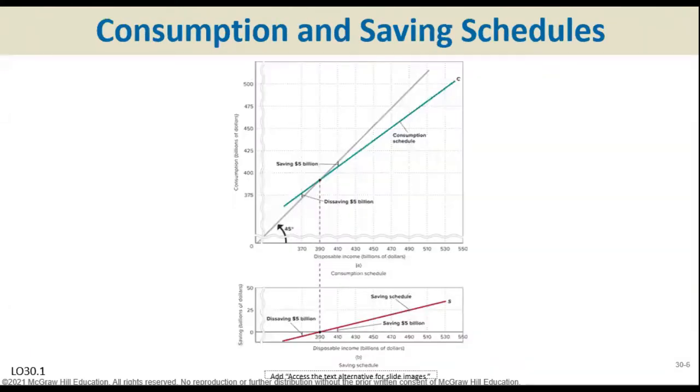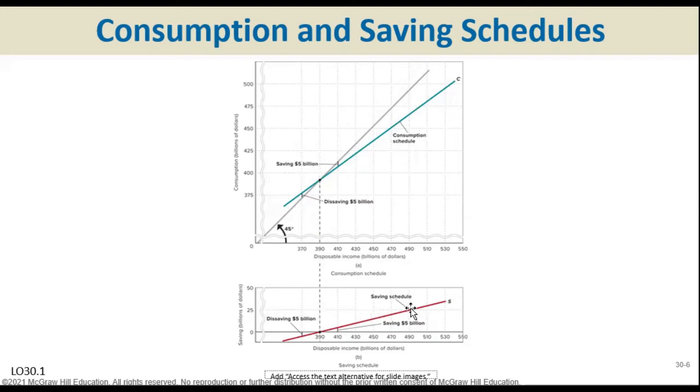So here, these figures show A, the consumption, and B, the saving schedule, right? The two parts of this graph show you the income-consumption and income-saving relationship.